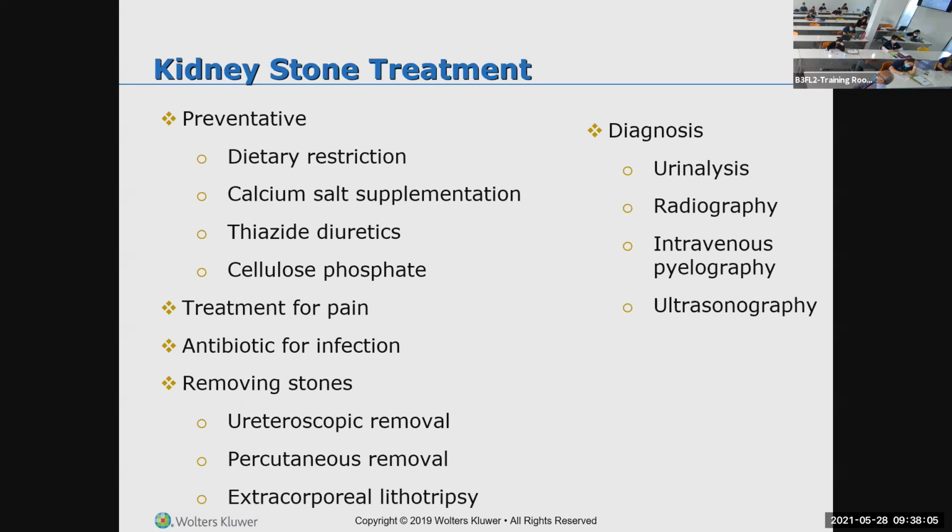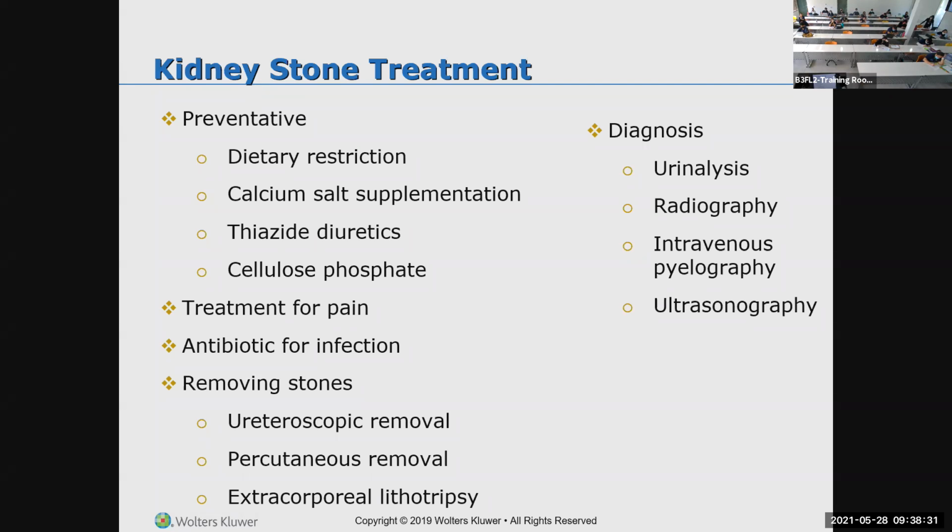If the stones are big, then surgery is recommended. So in the meantime, advise the patient to cut down cocoa, chocolate, peanuts, all those nuts that might enhance the size of the calcium oxalate stone. So to prevent that, we advise those patients.